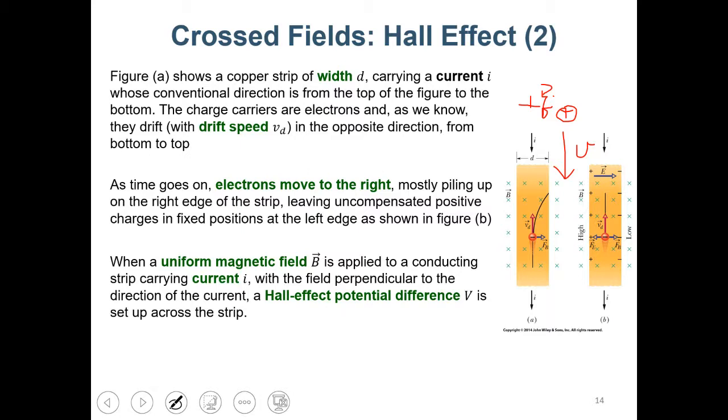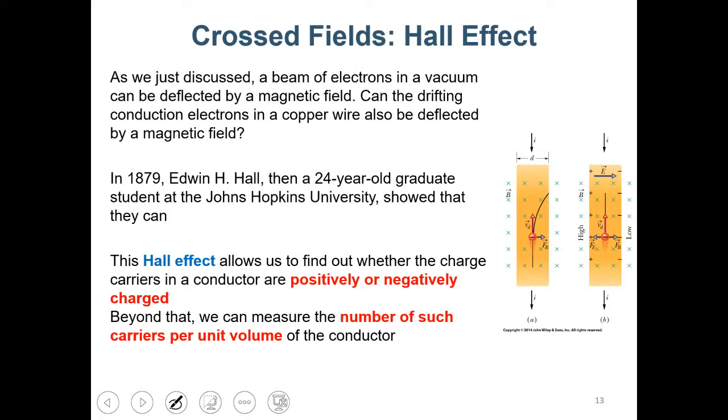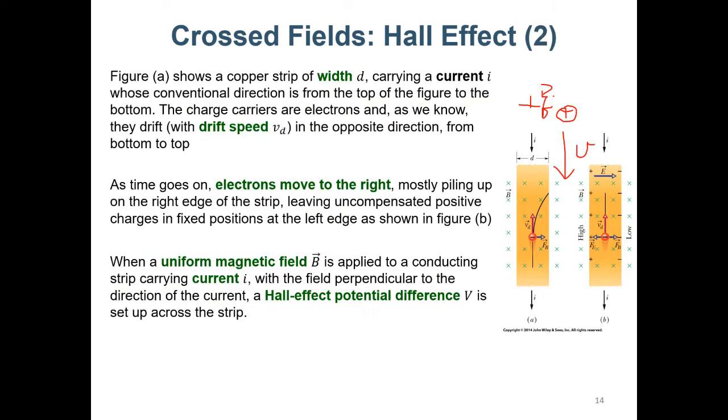Of course, this is not true, but it is an argument to state why it is negatively charged. So V is pointing downward, and B also points into the page. So V cross B, V pointing downward, and B, so V cross B should point to the right side.